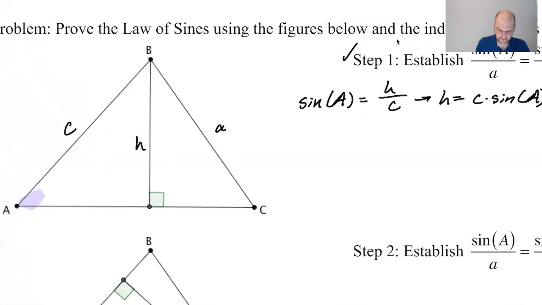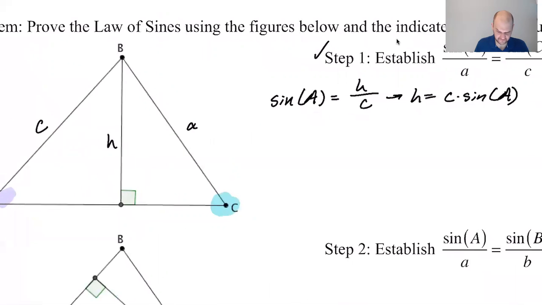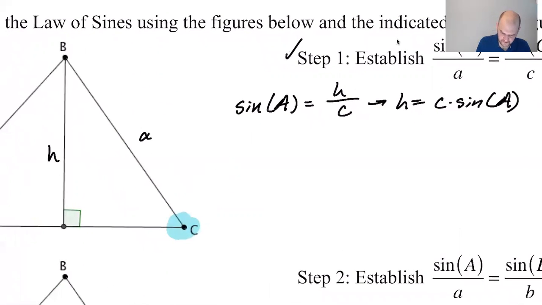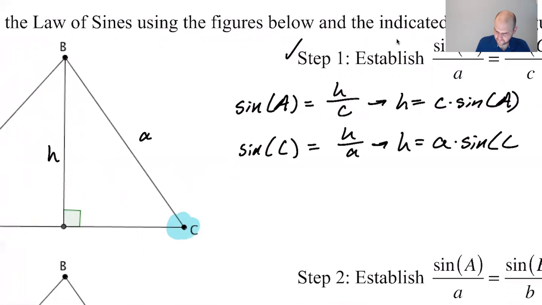And then I'm going to focus on angle C. So for angle C, I'm going to say the sine of C is H over A, which means that H is A times the sine of C.